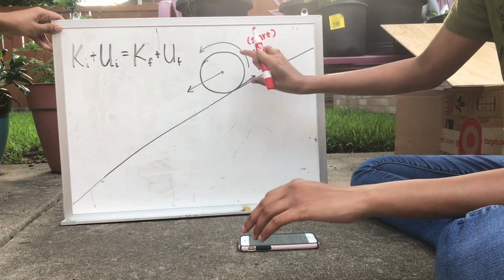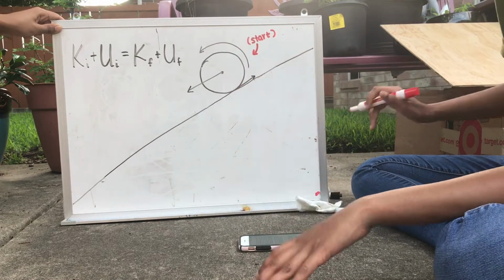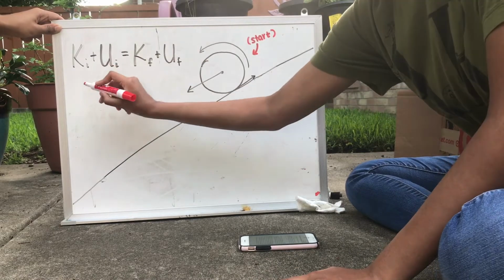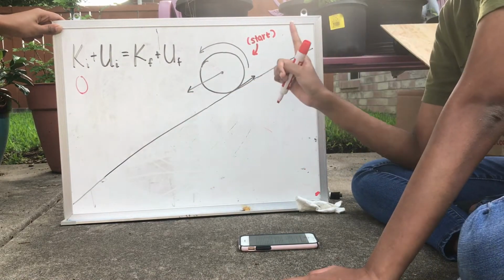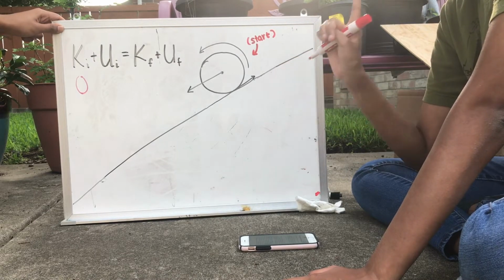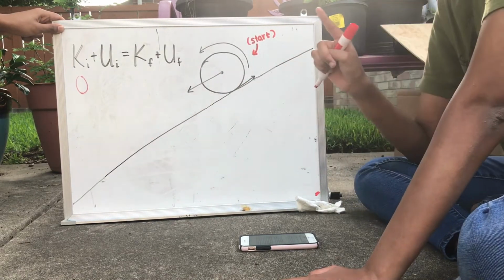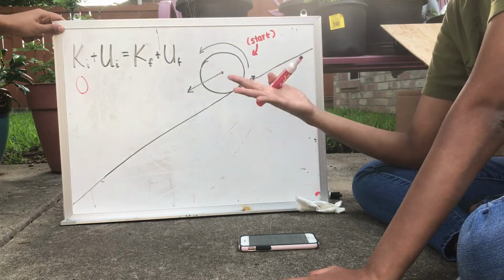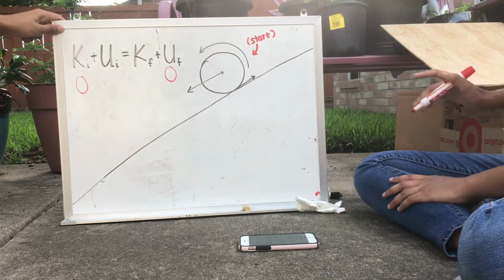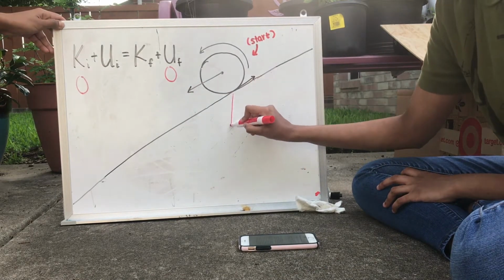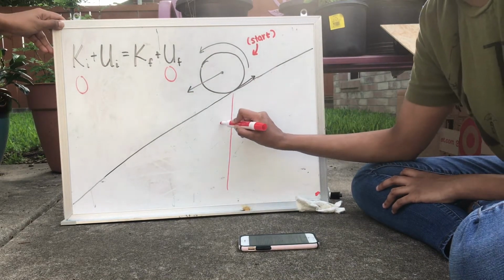So, if we're assuming that we're starting from here, then we know that our initial kinetic energy is 0. And if we're going all the way down to the end of the hill or incline, then our final potential energy should also be 0. We're going to call this our height.